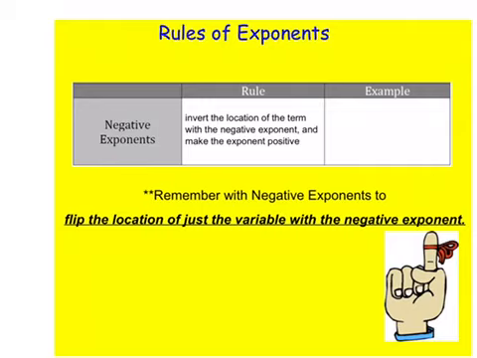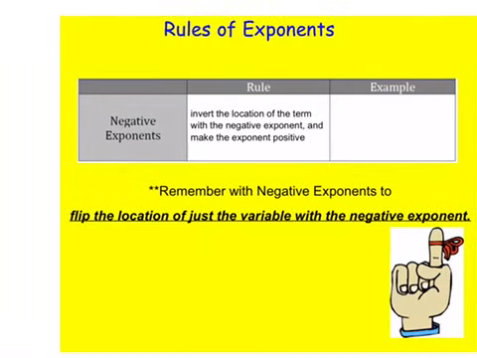So when we're dealing with negative exponents, the rule is to invert the location of the term with the negative exponent and make the exponent positive. So basically, the way that I look at it is if it's negative, you cross the line and change the sign. So if I have a to the negative 4, we can remember that this is like saying I can put a 1 under anything and it doesn't change it.